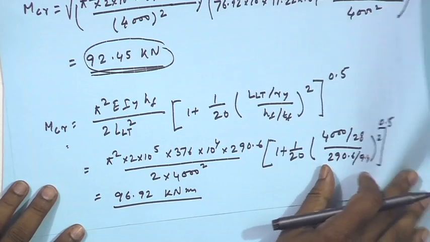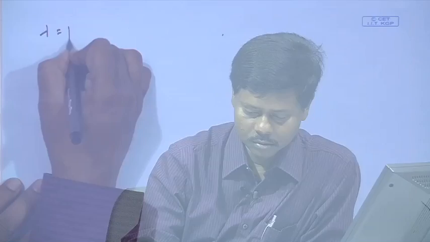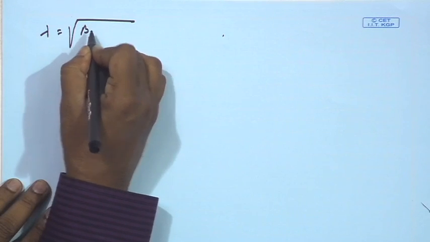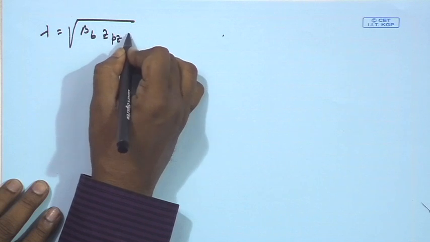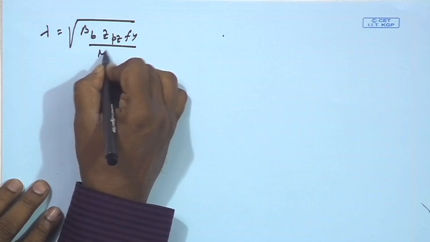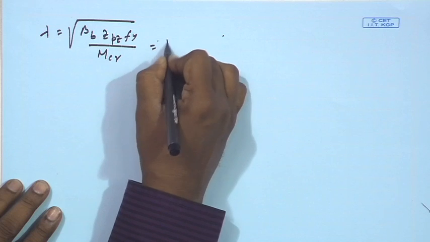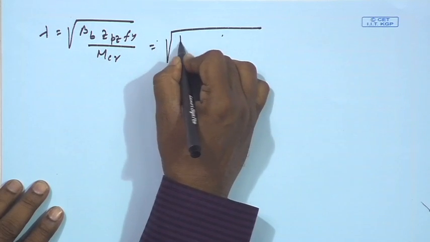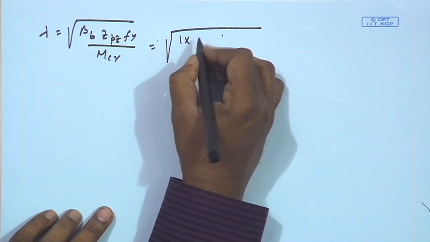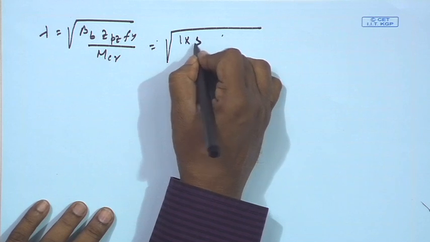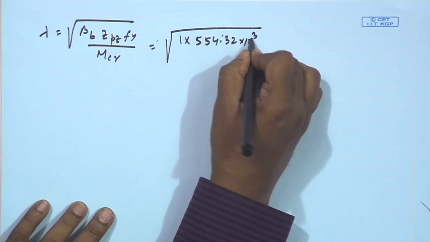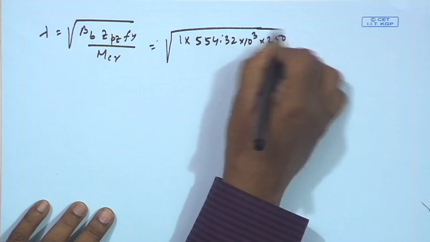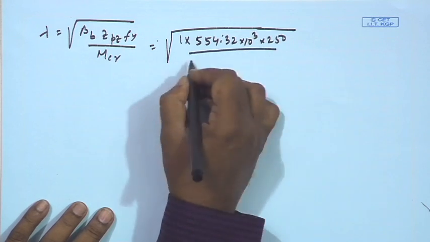Now, lambda LT value we can find out by putting the values we obtained earlier: beta B ZPZ Fy by MCR. So, for a plastic section the beta B value will be 1 and ZPZ value we found as 554.32, and Fy as 250, and MCR value we have calculated.